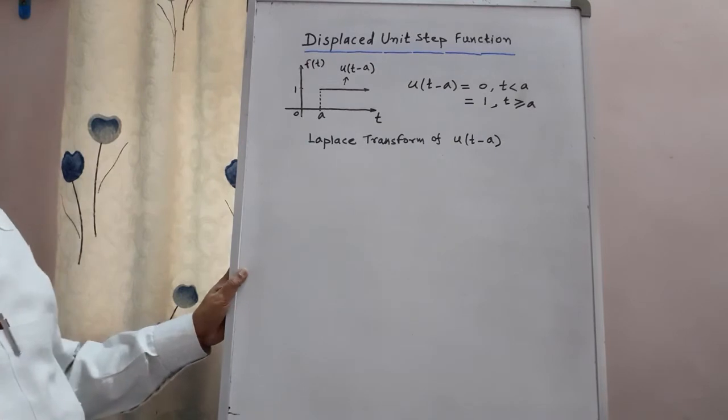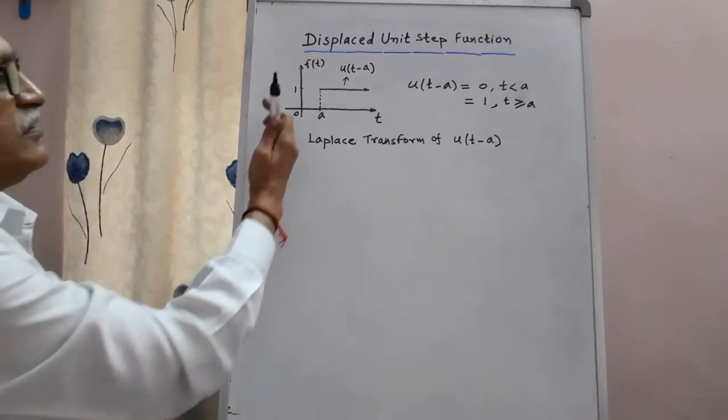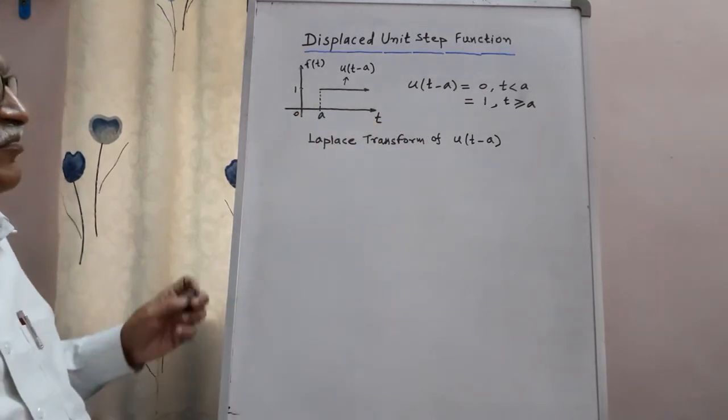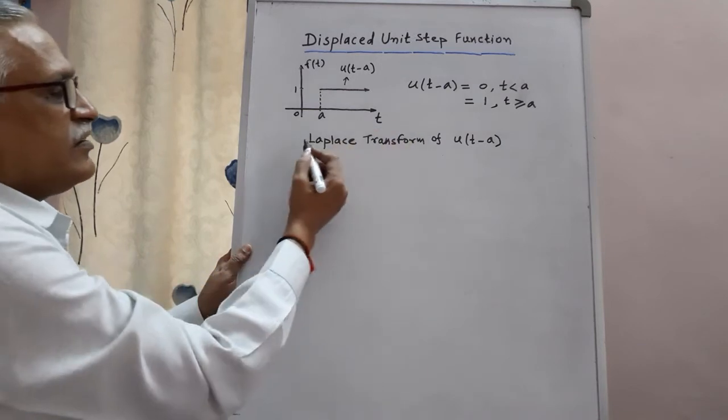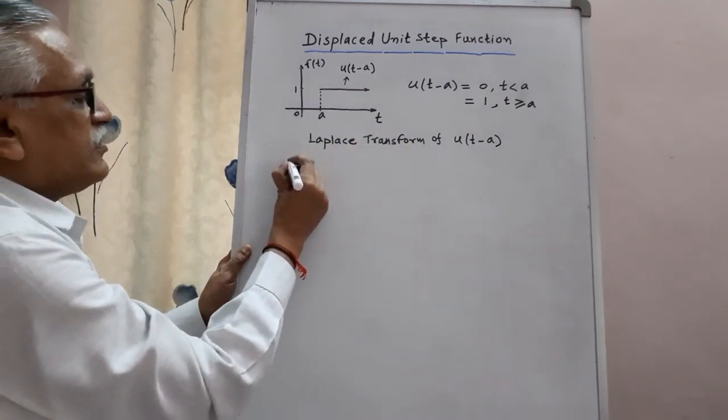Therefore, the unit step function we discussed earlier is displaced by a distance a on the right hand side.